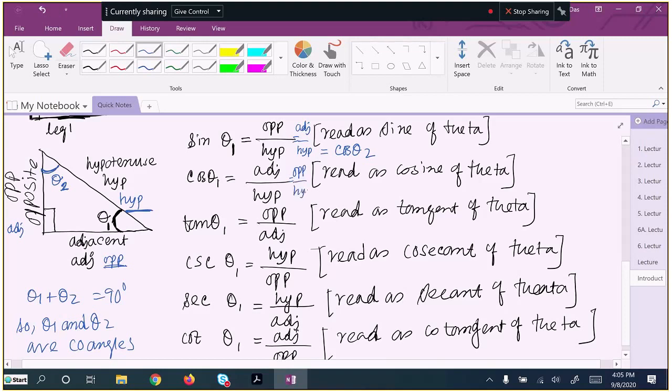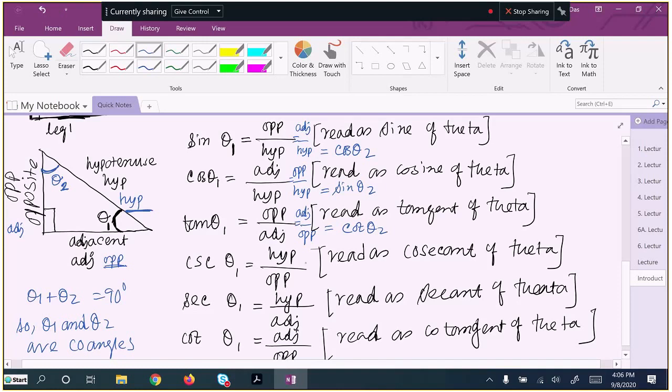Hypotenuse remained hypotenuse, but this one is sine with respect to theta 2. Similarly, for tangent, the opposite is now adjacent, the adjacent is now opposite, so this has become cotangent with respect to theta 2.